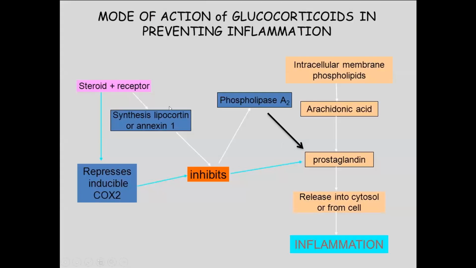And so this is the mode of action, no, of your glucocorticoids preventing inflammation. No, it will inhibit the production of your prostaglandin, so leading to reduction of your inflammatory process.